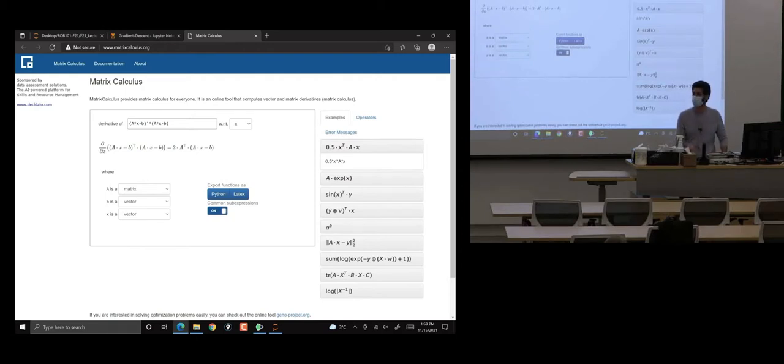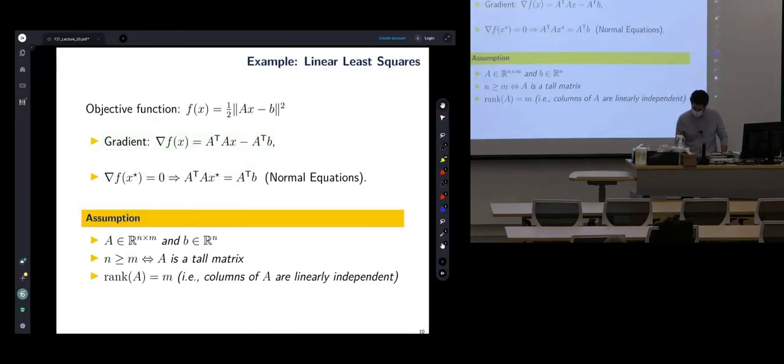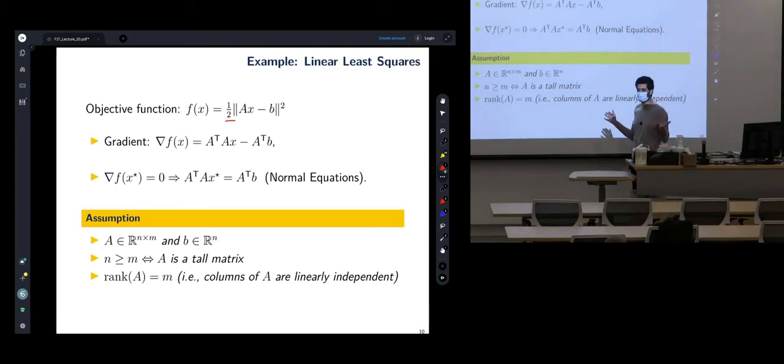Now you see that we have a 2 because this is a quadratic function, which motivates this 1/2 here. It is purely for beauty reasons. I don't want to see that 2 in my gradient, so I'm going to put 1/2 in my objective function.